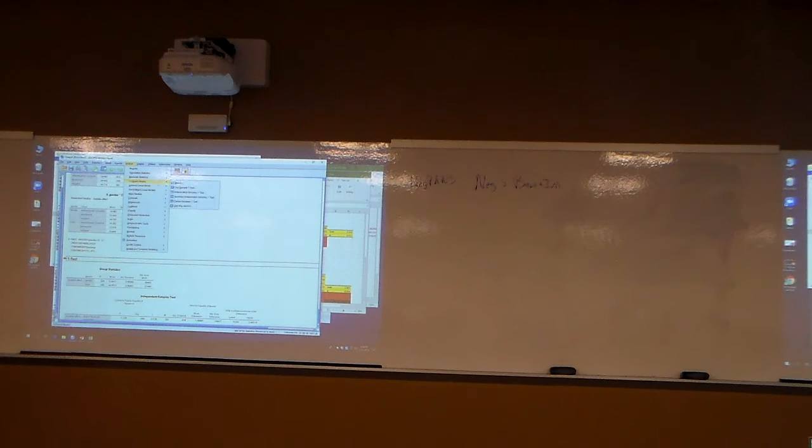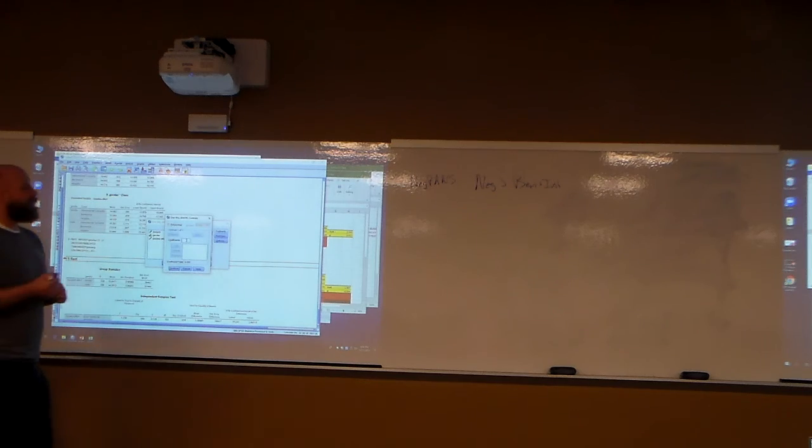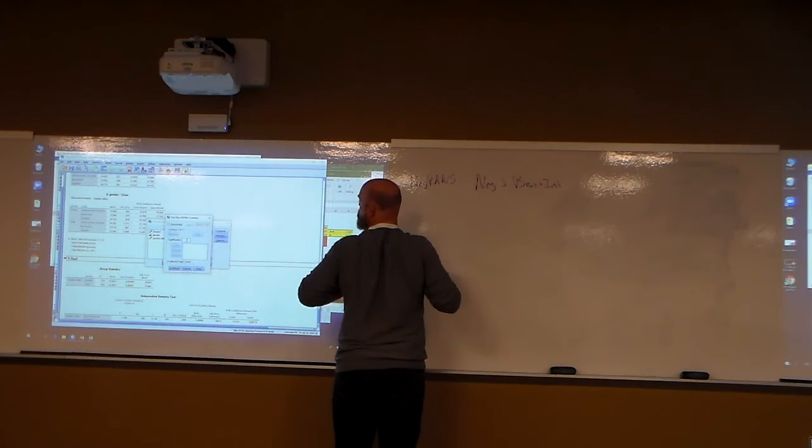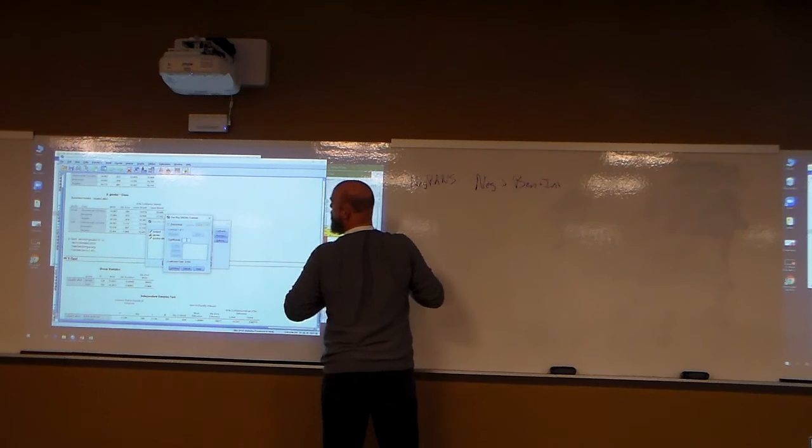So if we go down to compare means, one-way ANOVA. Factor is going to be class, our dependent is going to be negative affect, and then we're going to go up to contrasts, right? What are the contrasts that I'm going to set up for this? What's my first weight going to be? Negative 0.5.